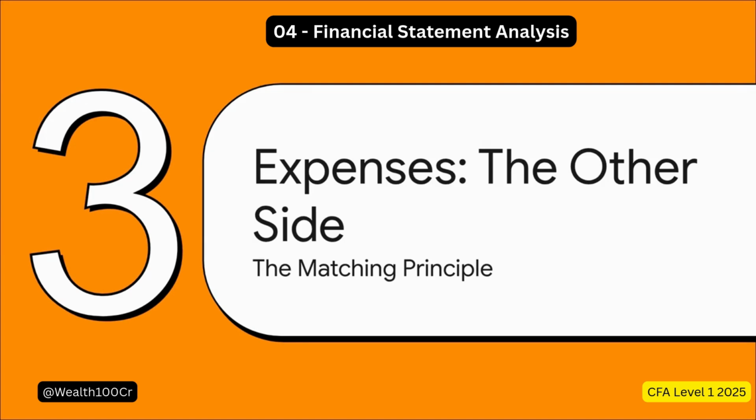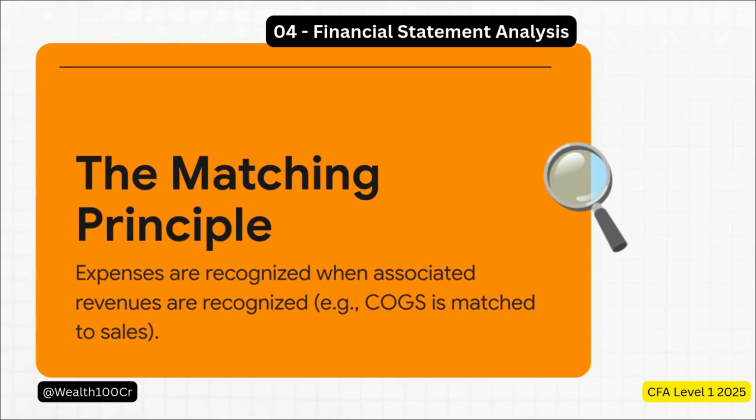Recognizing revenue is only half the story, right? To get to the bottom line, to get to profit, we have to account for all the costs we spent to make that revenue happen. And that brings us to a really foundational idea, the matching principle. The principle itself is beautiful in its simplicity, but it's so powerful. You match your expenses directly to the revenues they helped create.